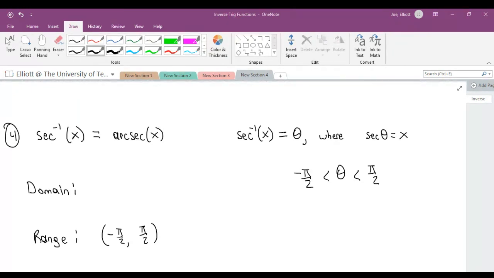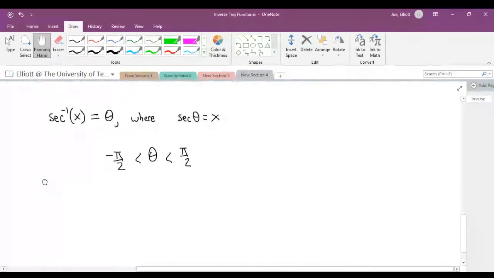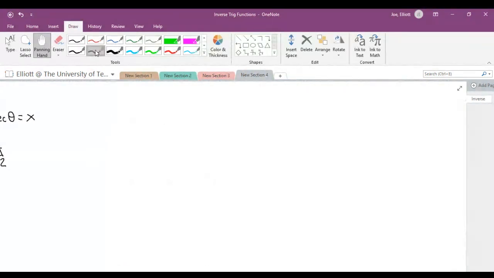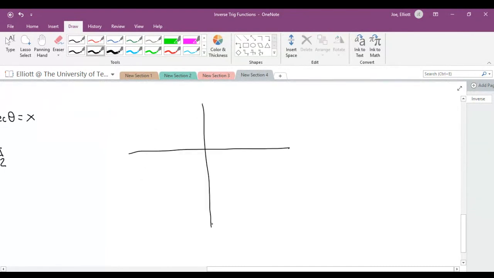Yeah, so the range of secant. So if you guys kind of remember roughly what the graph of secant looked like, let's see here. I'll plot it over here to the side real quick. Yeah, so if you guys might remember, secant looks something like this, right?